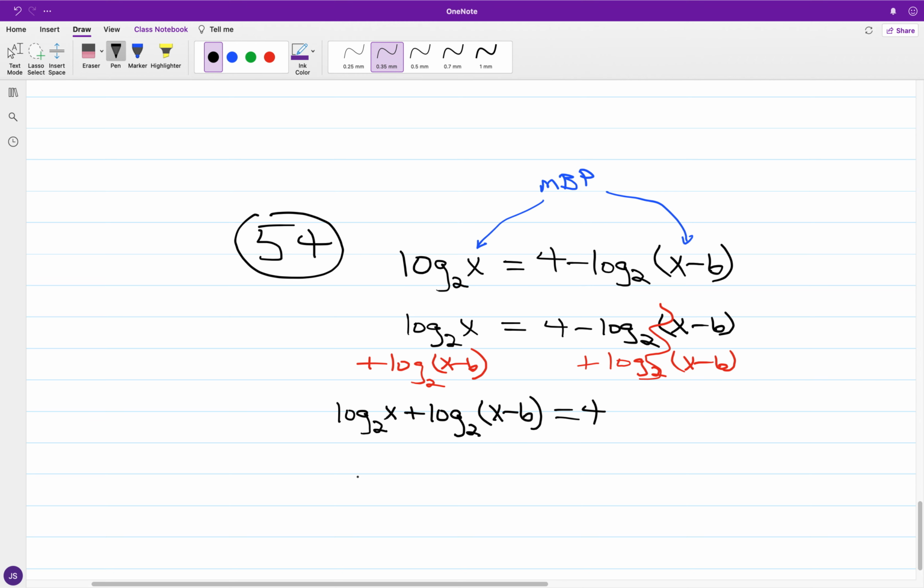And once again, I have addition, and once again, addition implies multiplication. So we have the base 2 logarithm of x times the quantity x minus 6. Again, I have is equal to 4.